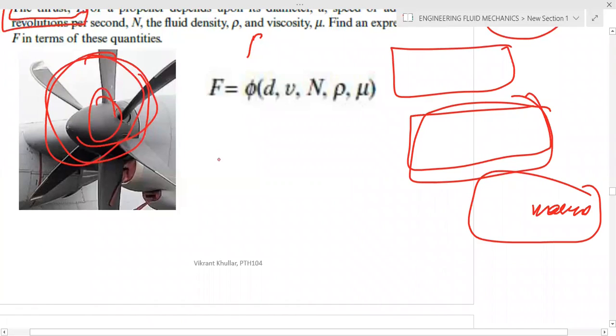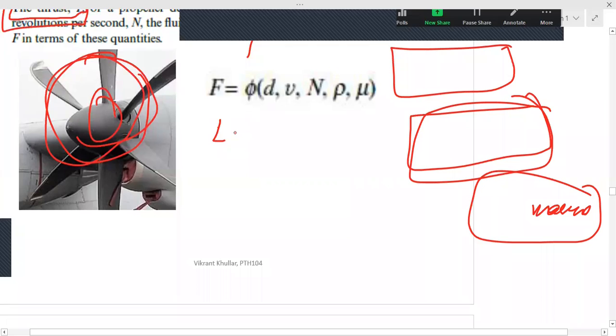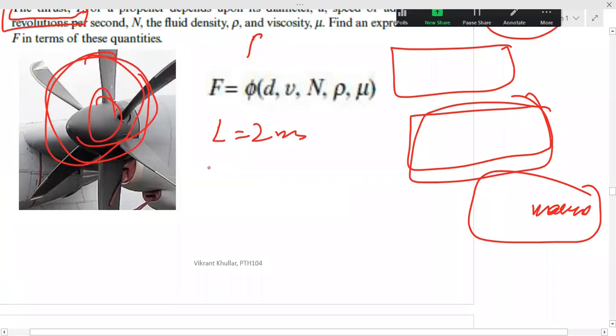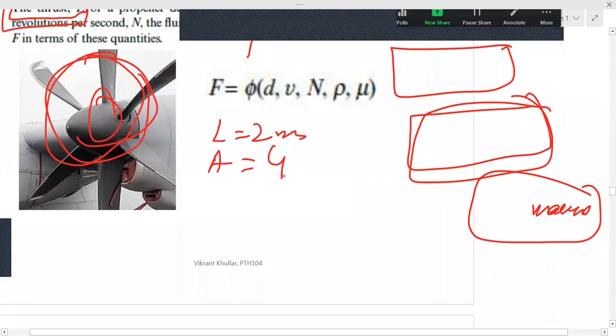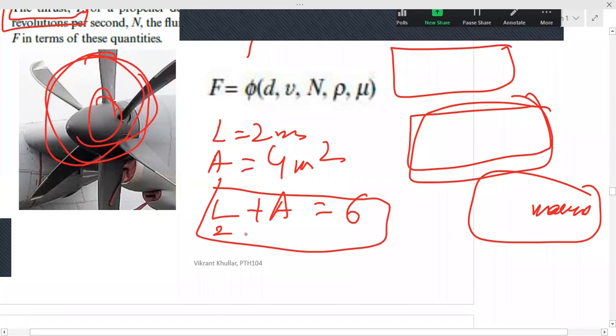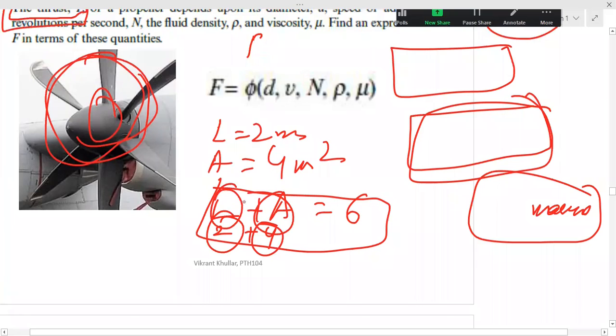Say if I have, let me know, if you have, say, length is 2 meters, area is 4 meters square. Can you add like this? नो सर. No.